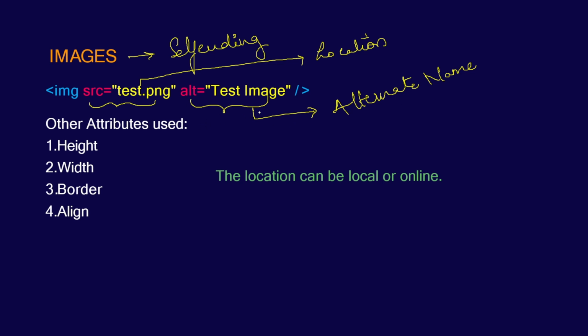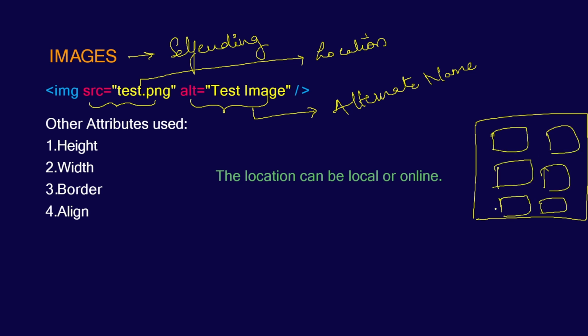You can question me, ma'am, why should we add the alternate name for the image? Now, think that you have a page in which you have multiple images like this. Here there are 6, there are n number of images in your page.